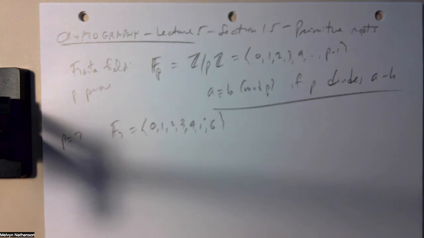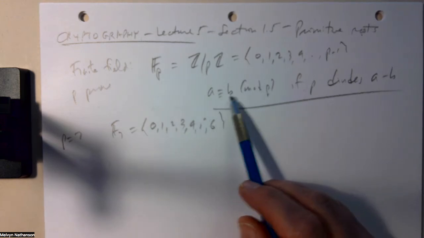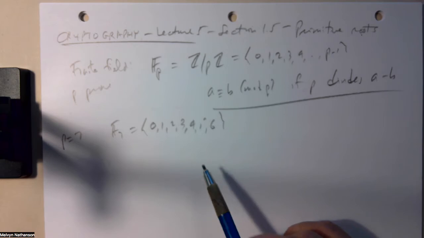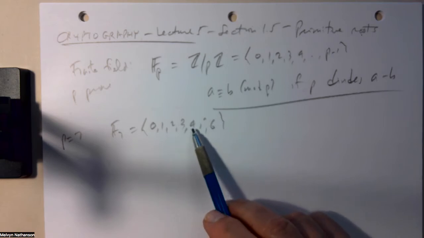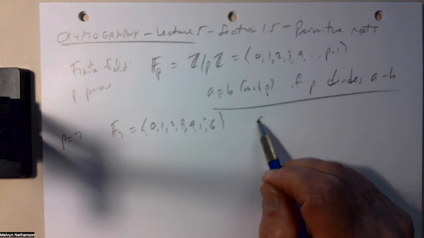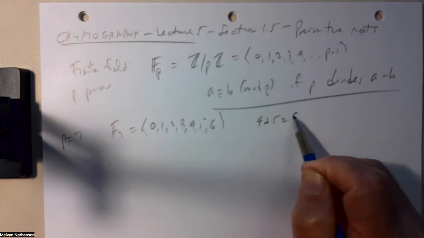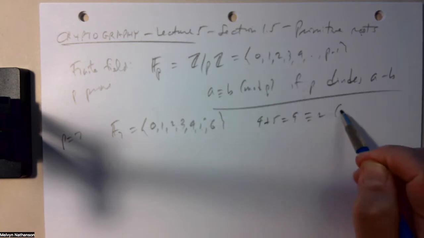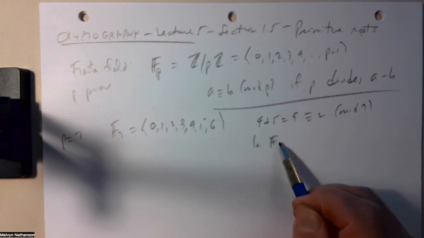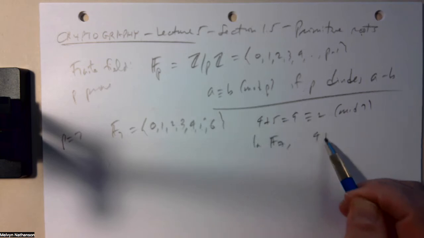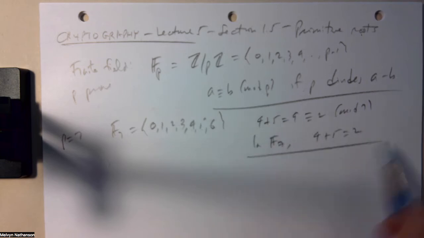These are the 7 representatives of the congruence classes modulo 7, where addition and multiplication are defined mod 7. So 4 plus 5 is 9, which is the same as 2 mod 7. So in F7, we say that 4 plus 5 is equal to 2.